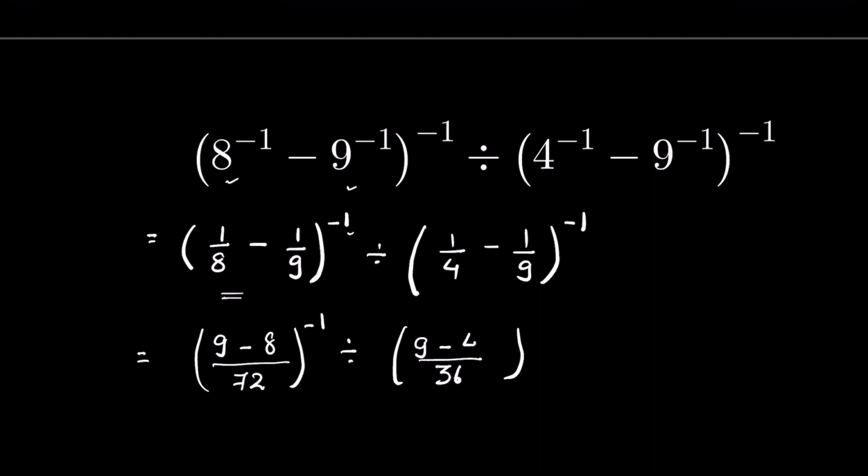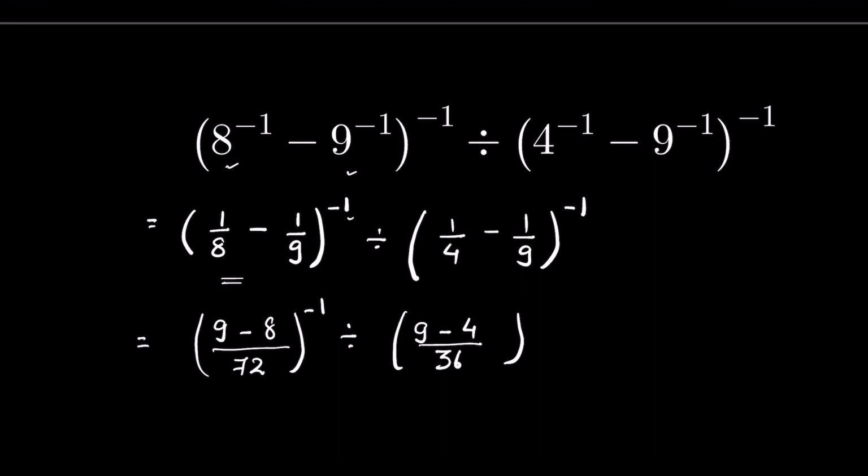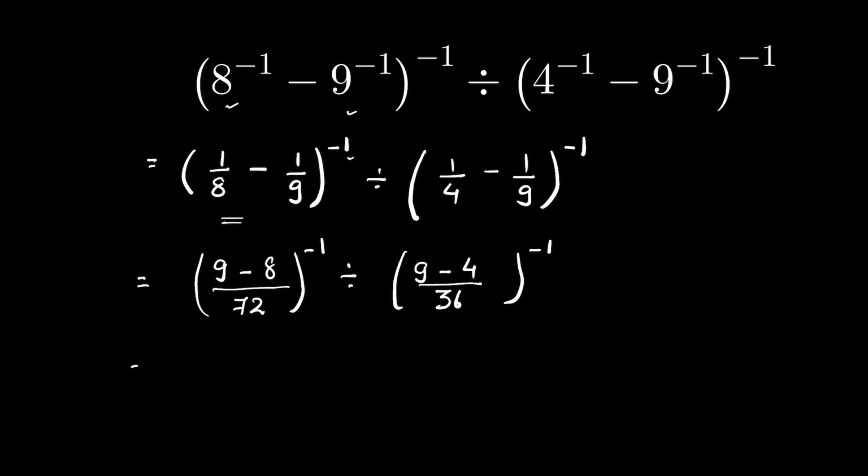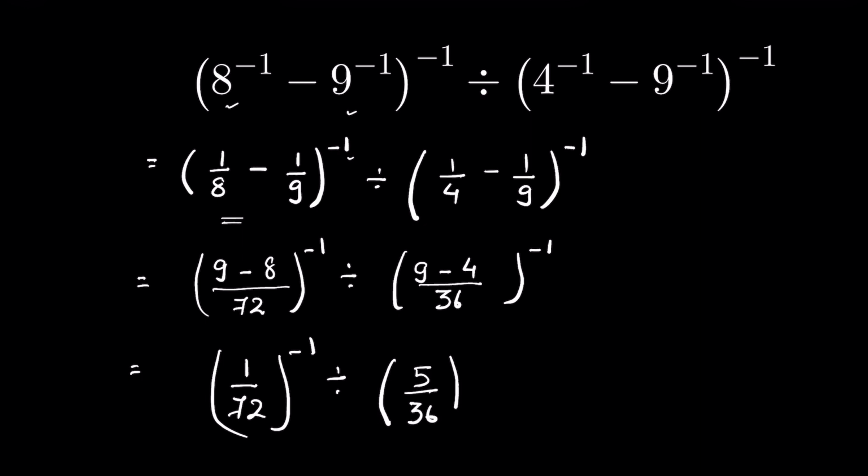So 4, and raised to the power minus 1. So this is 1 upon 72 raised to the power minus 1 divided by 5 upon 36 raised to the power minus 1. Now within parenthesis we have solved the operation.